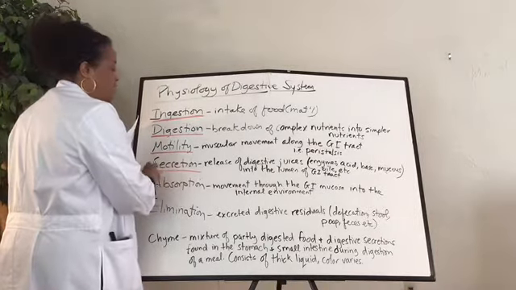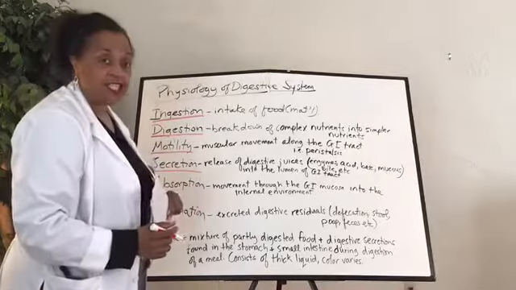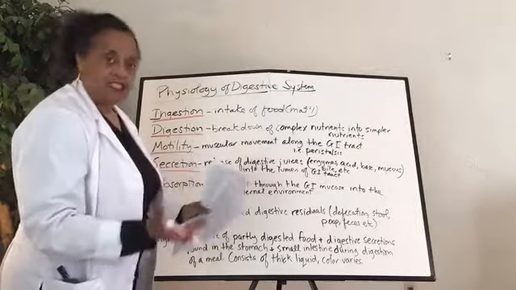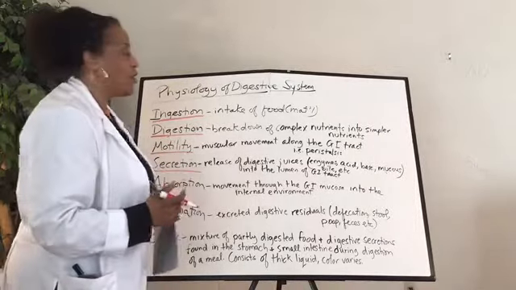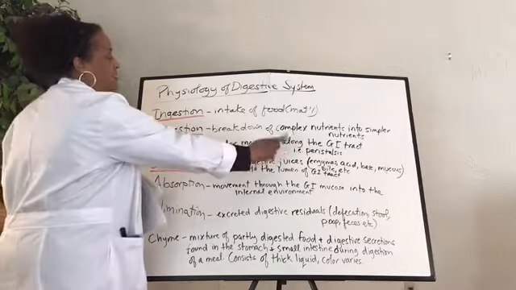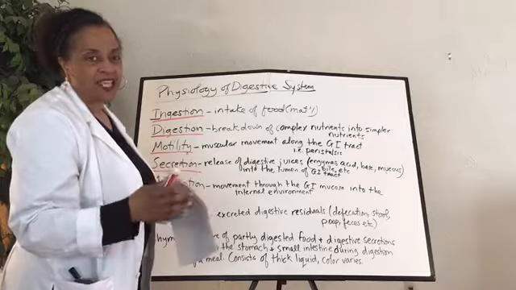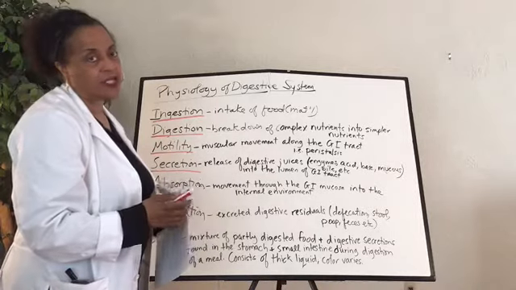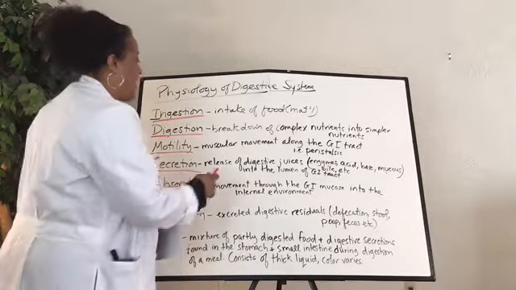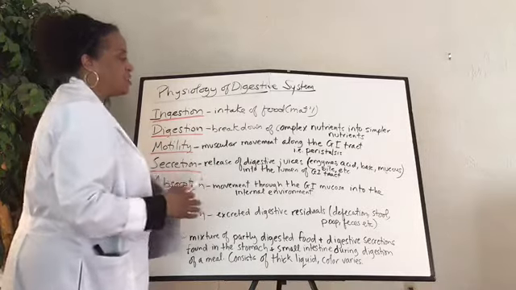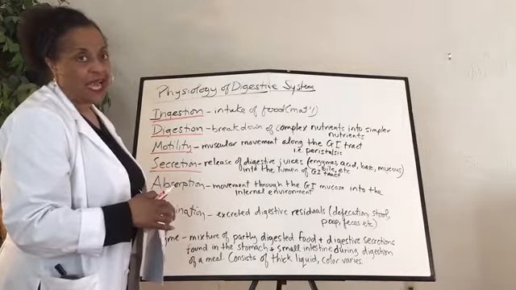Secretion. Secretion is the release of digestive juices. Digestive juices are just one big category that includes enzymes, acids, bases, mucus, bile, etc. So we just call that whole concoction digestive juices, and they are released into the lumen of the GI tract.